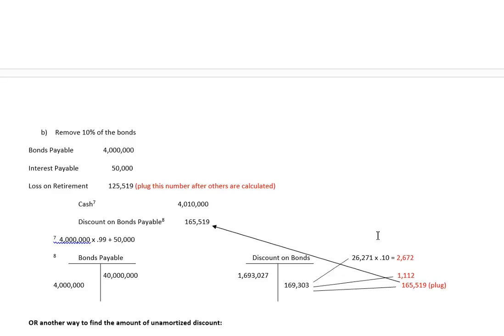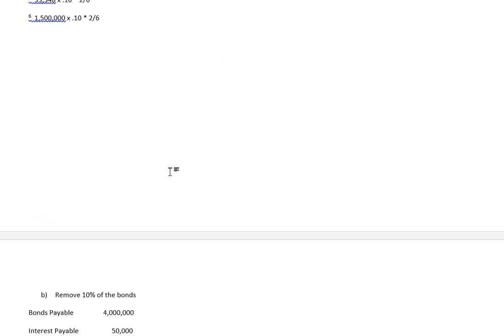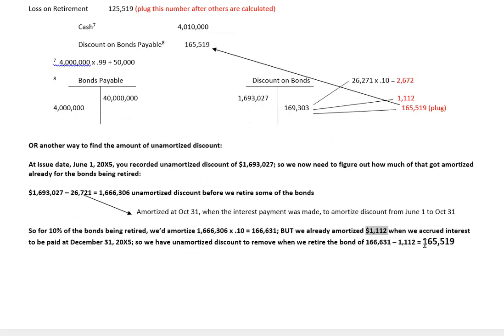So that's what we already amortized right here. So that was the first step to update the interest related accounts at the date we're retiring the bond, which is December 31st. So now what's left? When I retire the bond then, I have to now amortize $165,519, and that's the same number you got with the T accounts.